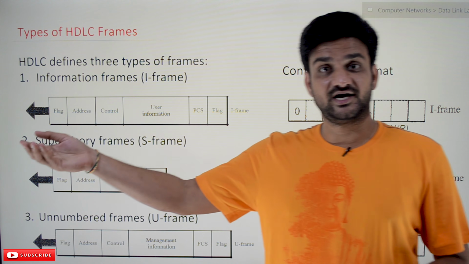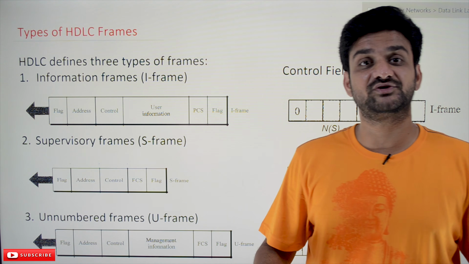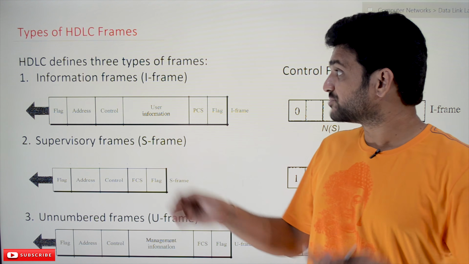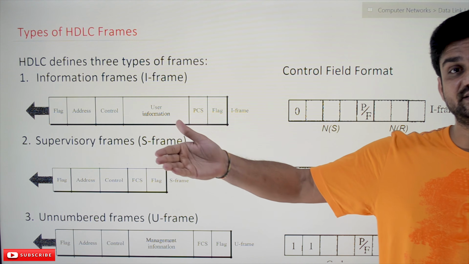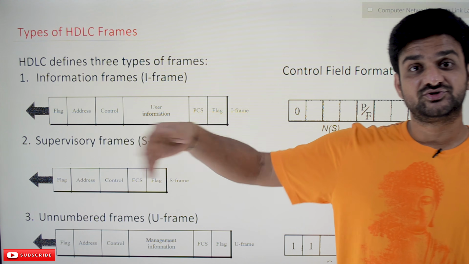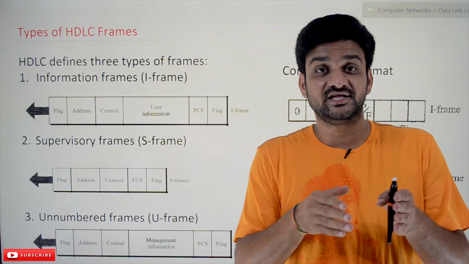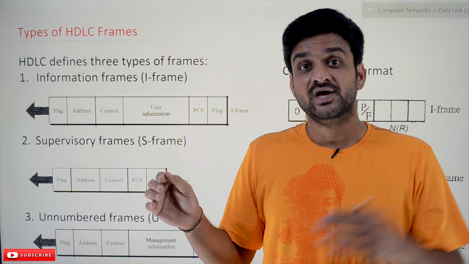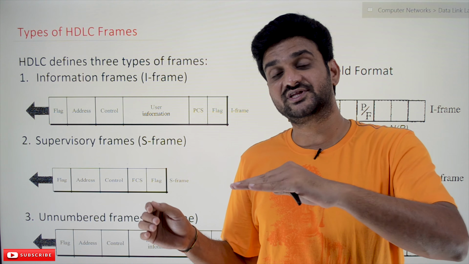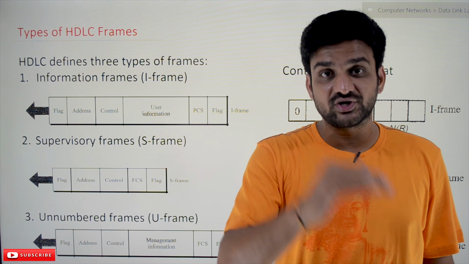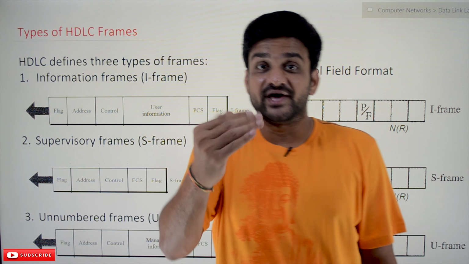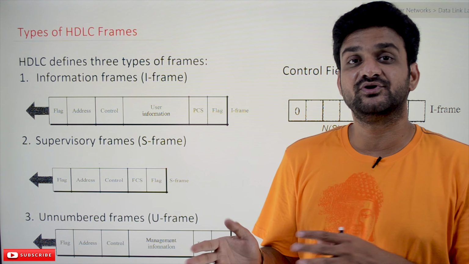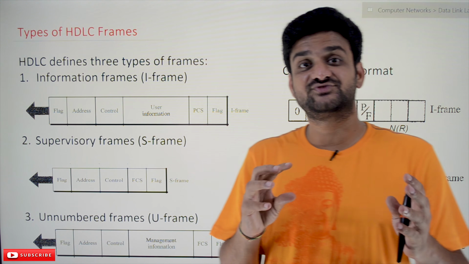There are two different types of transfer modes: normal response mode and asynchronous balanced mode. In the normal response mode, we have a primary system and a secondary system. The primary system will transfer the data frame, and the secondary system will only transfer the acknowledgements, whereas in the asynchronous balanced mode, both the systems will transfer data frames.